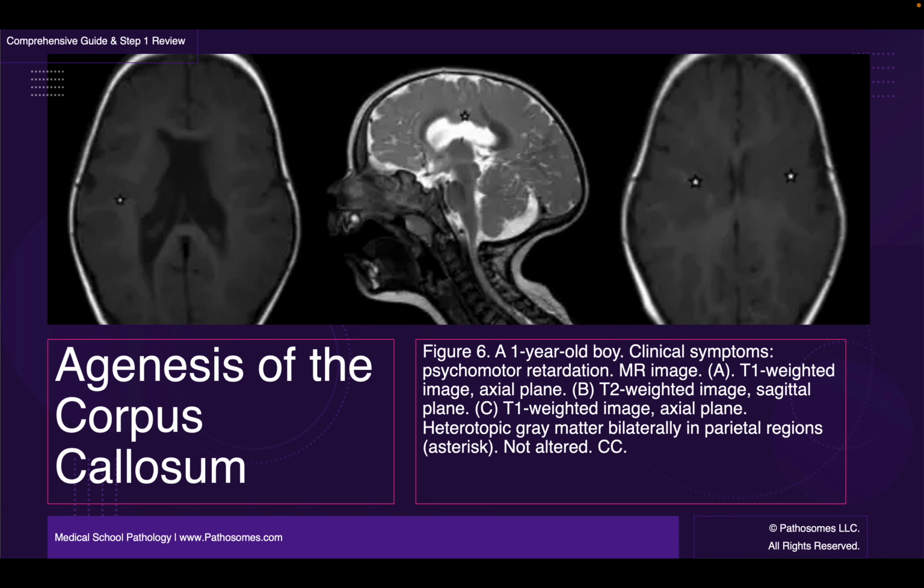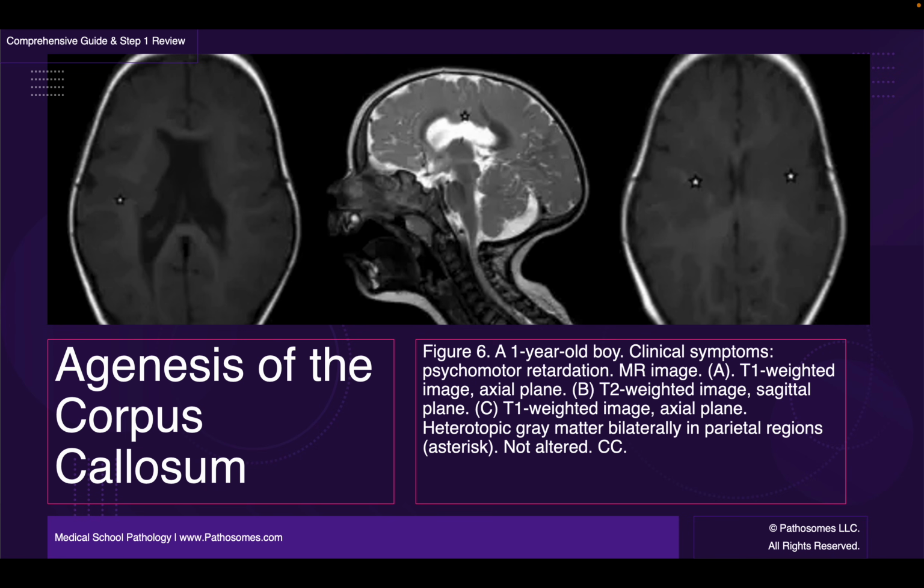Radiologists. Here is agenesis of the corpus callosum in a 1-year-old boy. Clinically, he was experiencing psychomotor retardation. We have an MR image in A and a T1 weighted image in the axial plane, T2 weighted image in the sagittal plane, and a T1 weighted image in the axial plane.